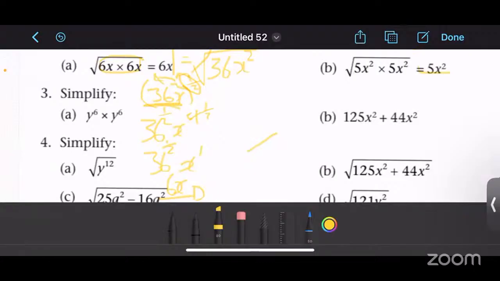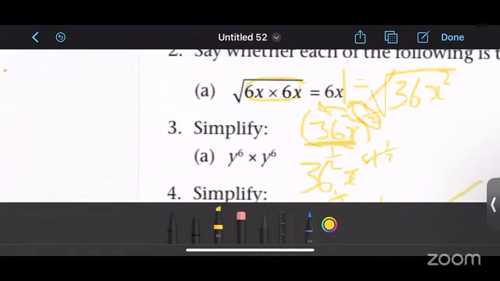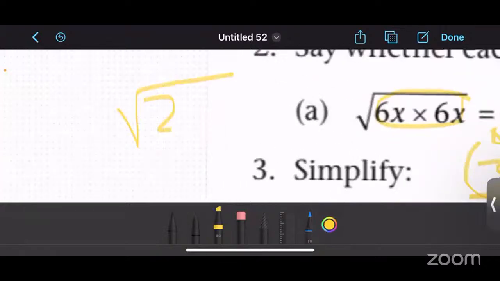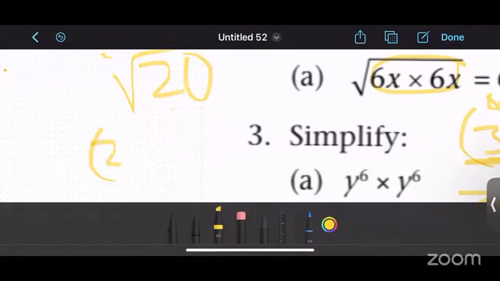Because I just changed the square root. So when you want to remove the square root, you're going to put everything that's inside the square root in brackets, and then you power it to the power of 1 over whatever. Remember, we said if we have square root of 20 and we want to get rid of the square root, we're going to put whatever is inside the square root inside the brackets, and then we're going to power it with 1 over 2, okay?